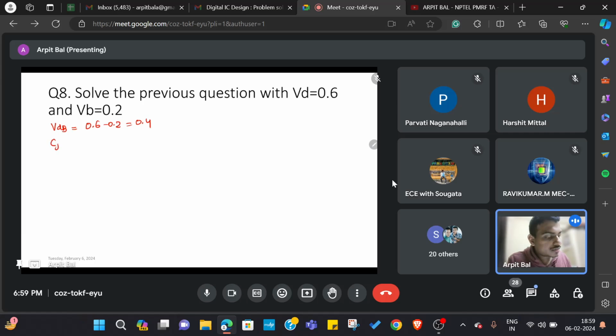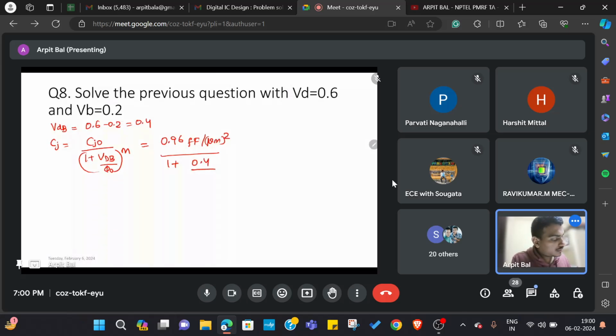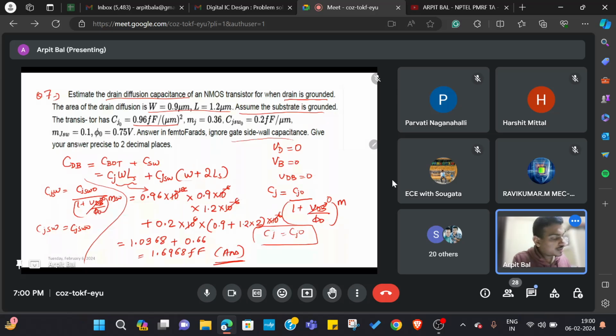So CJ is equal to CJ naught by 1 plus VDB by phi naught whole to the power m. Okay, so that is going to be 0.96 femtofarad per micrometer square by 1 plus 0.4 by phi naught was given to us as 0.75 and mj was given to us as 0.36.